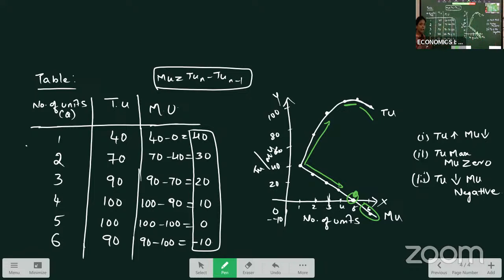This is how we explain the graph and the table. What relations have we observed? When my total utility is increasing, marginal utility is decreasing. Total is maximum, marginal is 0. When total decreases, marginal becomes negative.